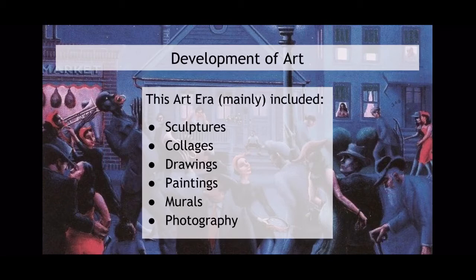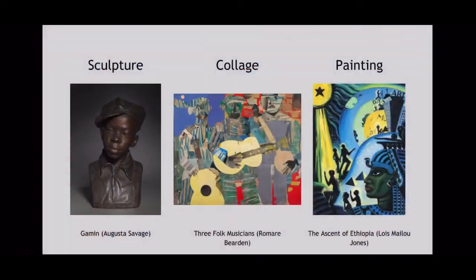Honestly, you will see a bit of development of art style over time, but what you will really see the difference in is how different art styles are. So, sculptures will be a lot more classical than collages, for example, and I will discuss those in the following slides.